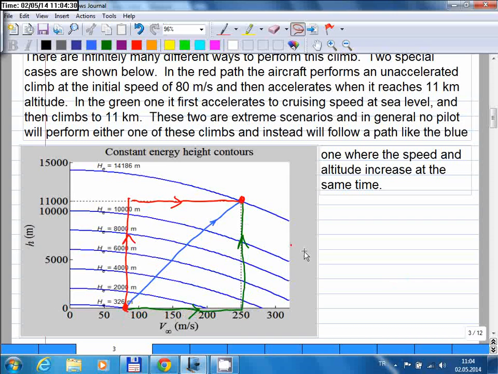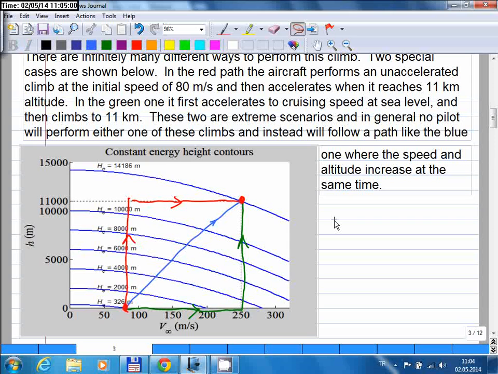So this is another special way of doing this climb. Or the more reasonable thing to do is to increase both energies simultaneously, right? Something like going through this blue path. So it starts climbing while at the same time accelerating, and then it reaches the final point that way. So there are infinite possibilities, and it all depends on the pilot how to perform this climb.